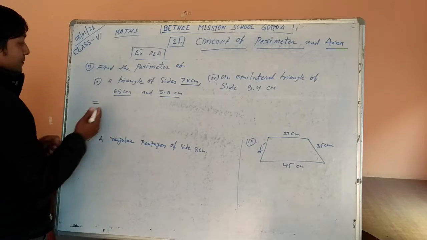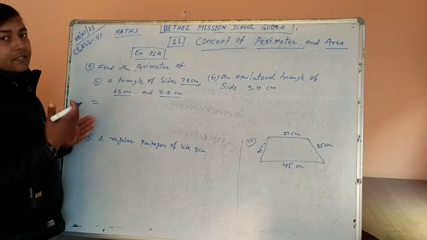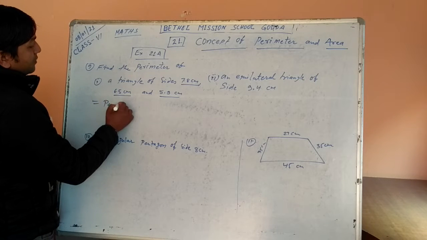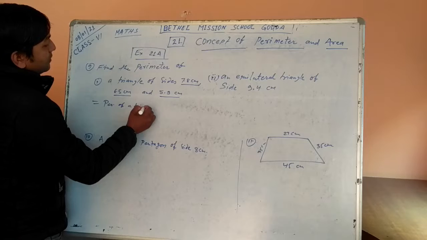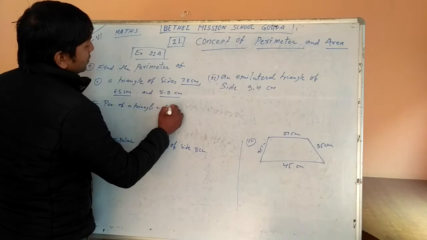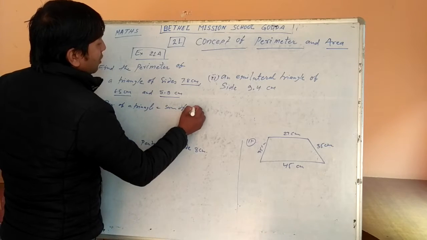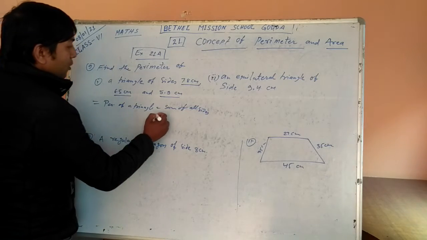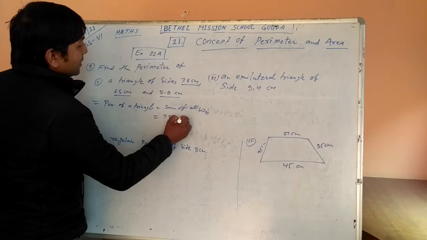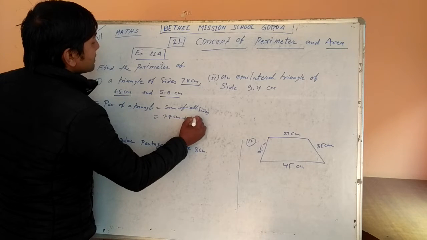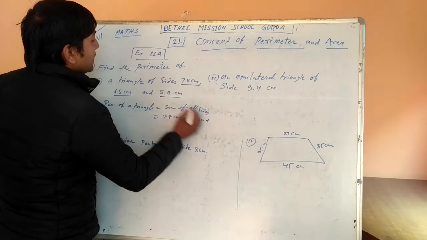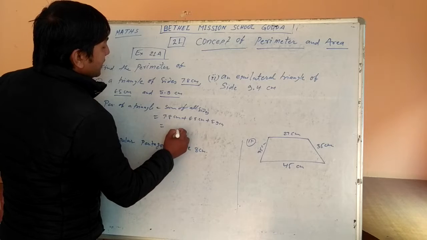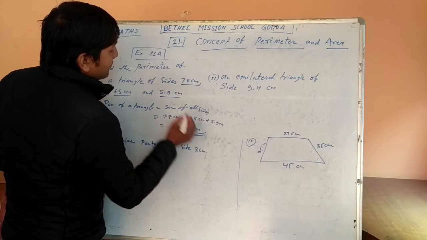If you add all three sides, we can get the answer. So perimeter of a triangle equals the sum of all sides: 7.8 centimeter plus 6.5 centimeter plus 5.9 centimeter. You can add and you can get the answer now.